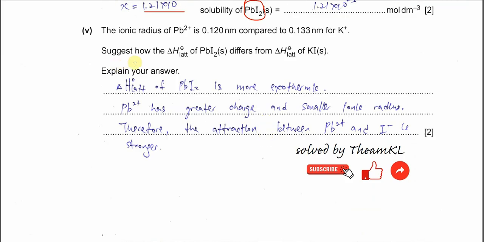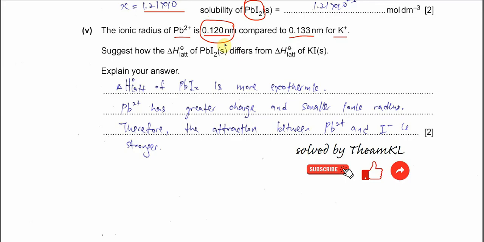Part 5. The ionic radius of the lead-2 ion is 0.12 nanometer compared to 0.133 nanometer for the potassium ion, so it's smaller. Suggest how the lattice energy of lead iodide differs from that of potassium iodide. Because the size is smaller, when the lead-2 ions form bonding with the iodide, it's going to be stronger.